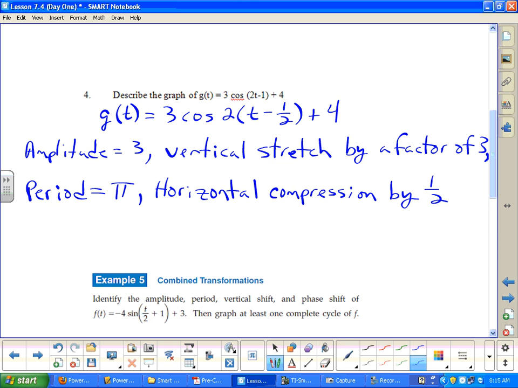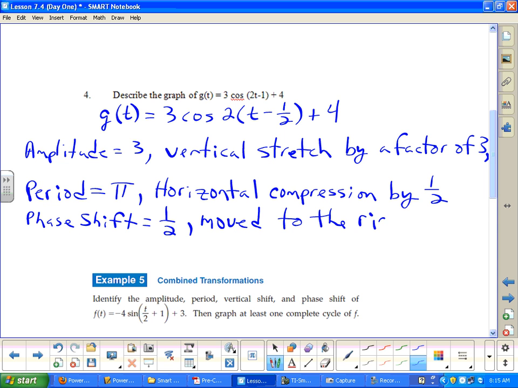The phase shift is positive 1/2, which means it's moved to the right 1/2. And then the plus 4 at the end tells me that it is vertically shifted up 4.